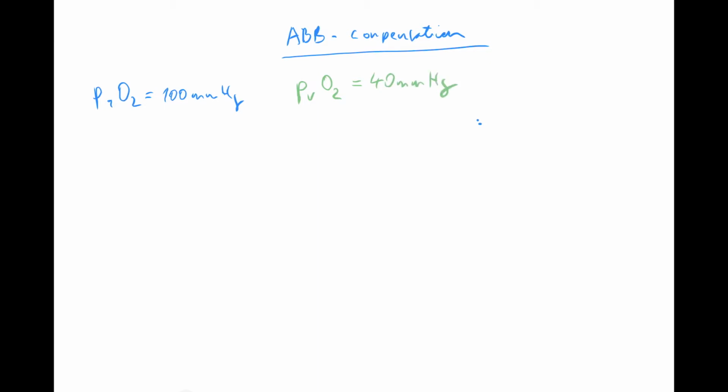But that's not important for Astrup. For Astrup, it's important to have O2 in arteries. Always take arterial blood, never the other one. Partial pressure of oxygen in veins is 40.